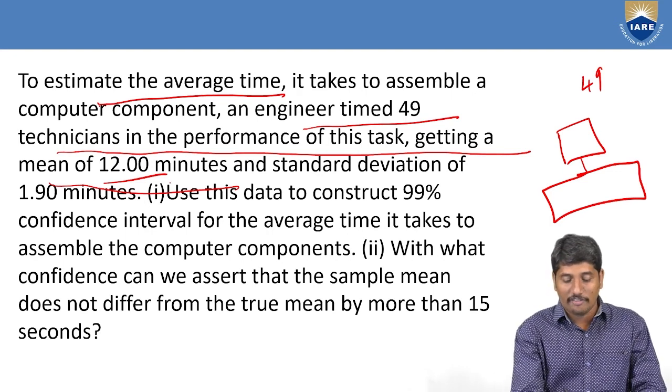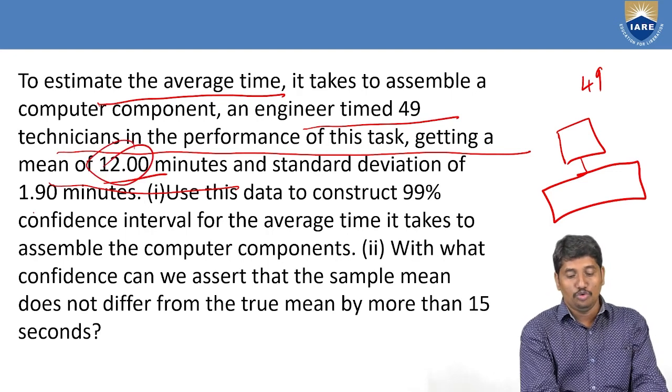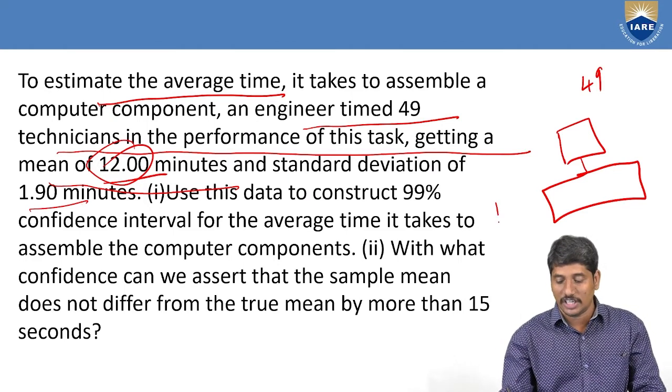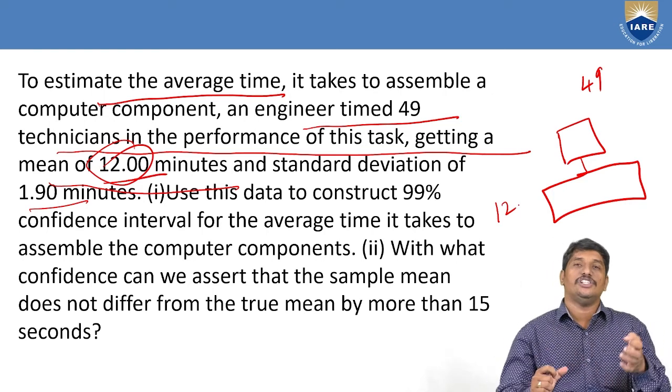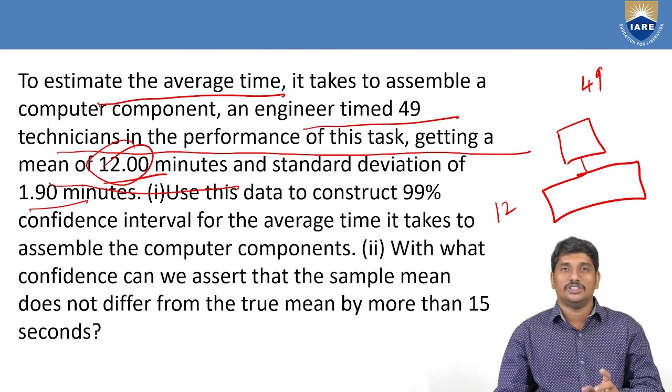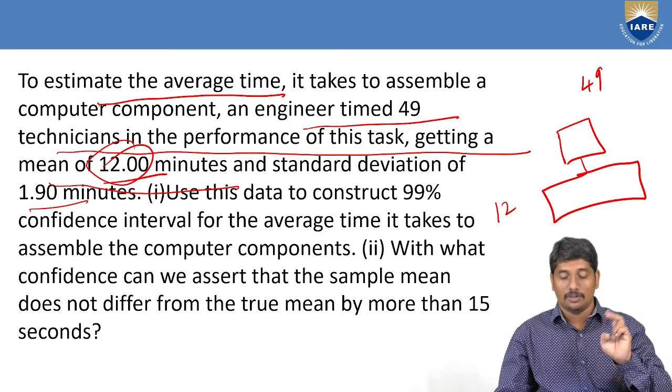They are taking on an average 12 minutes, with 2 minutes plus or minus. That means on an average they are able to arrange everything in order with an average time of 12 minutes with 2 minutes plus or minus.